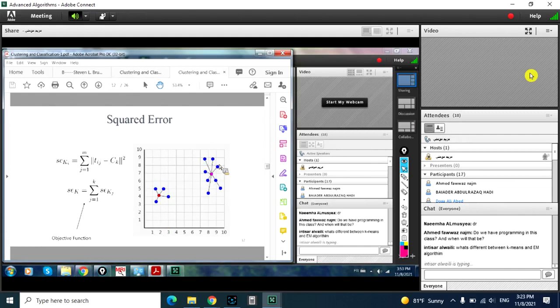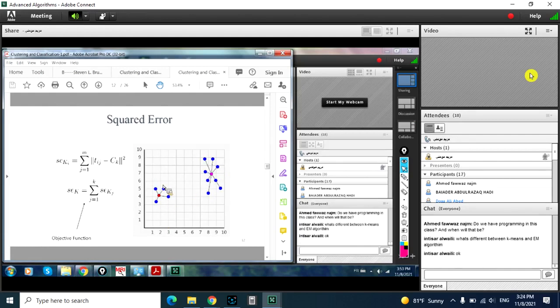Another difference is that in comments we calculate the distances between each data and the mean. Okay, and then we try to minimize these distances.